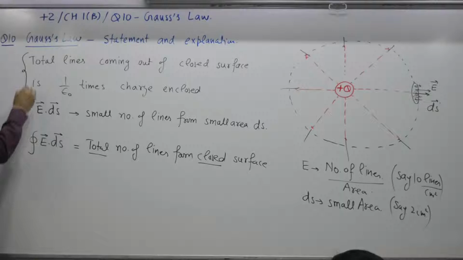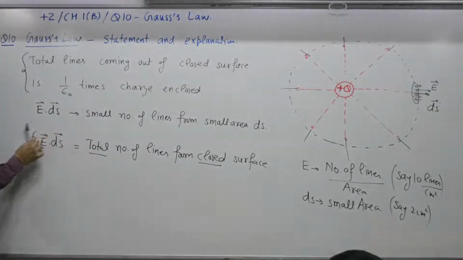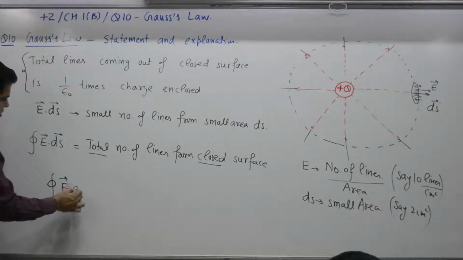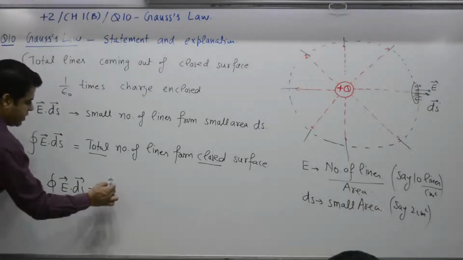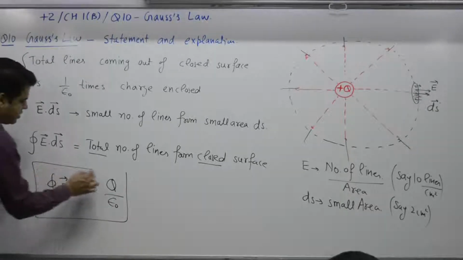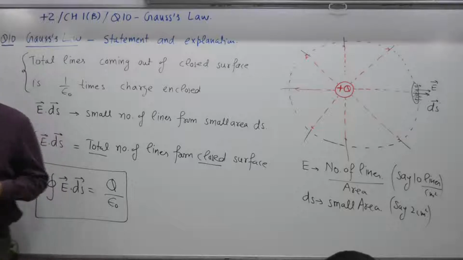Back to the original definition: total lines coming out of the closed surface is equal to 1 by epsilon times the charge enclosed. This is what we mean by the term Gauss's law. Time with you is 3 minutes.